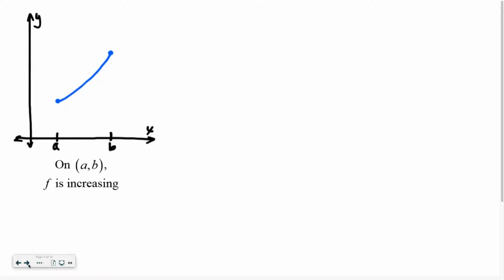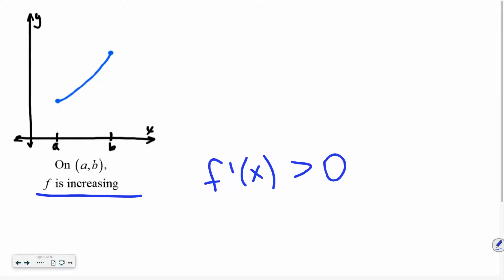F is increasing because our y values are getting bigger as we go from left to right with our x's. Okay. What do we know about the derivative here? If f is increasing, we know that our derivative is positive. Nothing new.